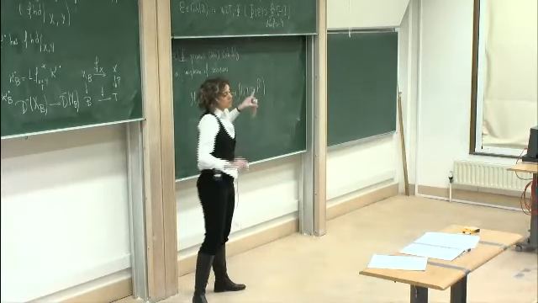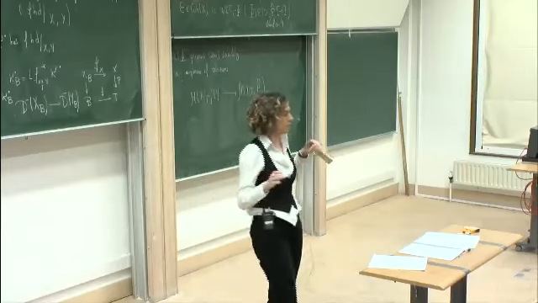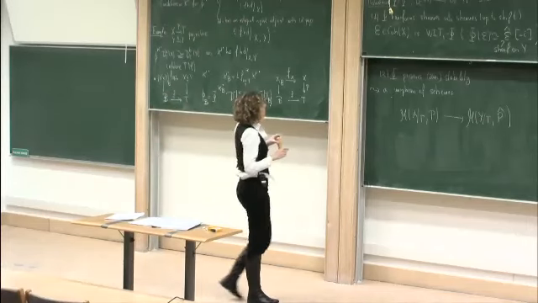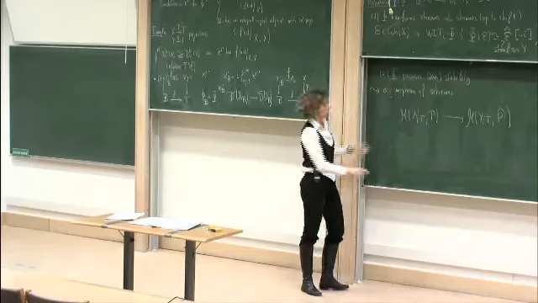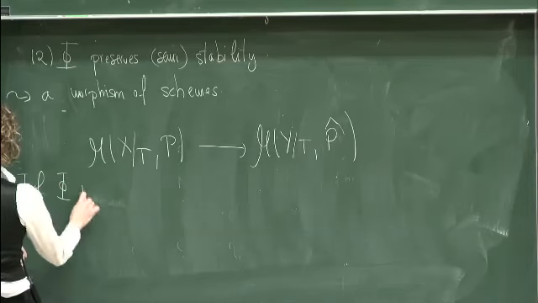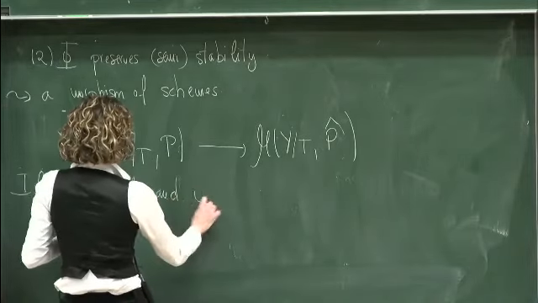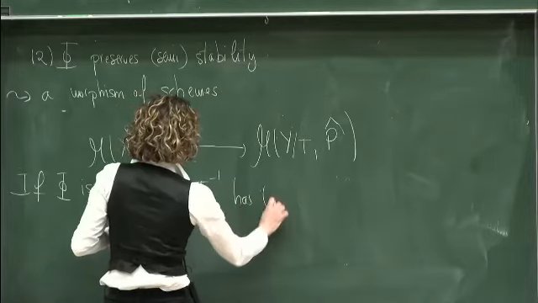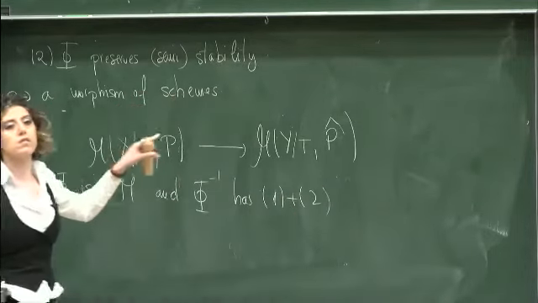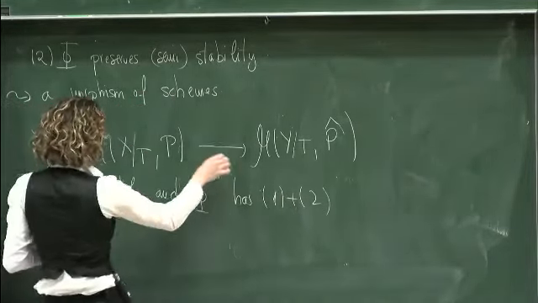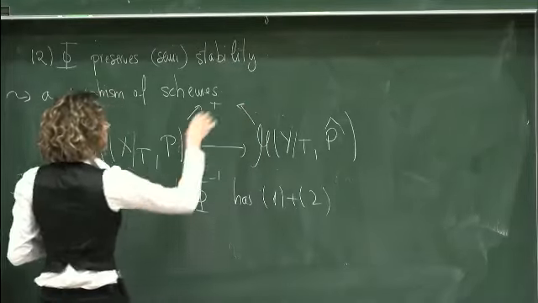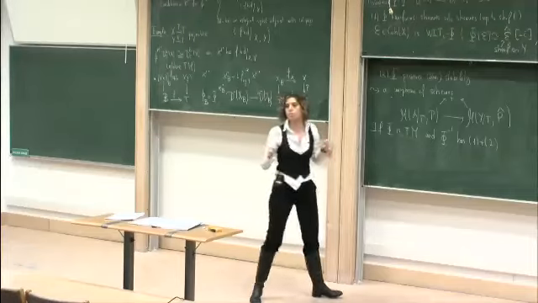So in general, this morphism is not injective nor surjective. So depends, could be neither. But if your functor is an equivalence, if phi is a Fourier-Mukai transform, and moreover, the inverse of this functor has both properties, 1 and 2, then this morphism, which is a morphism of schemes over T in the relative situation, is an isomorphism.